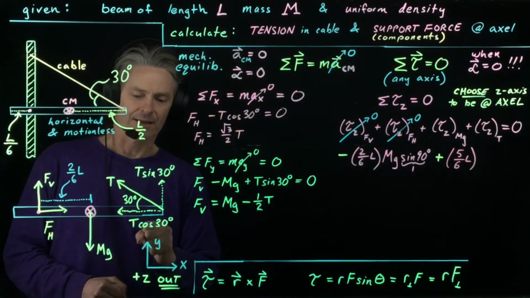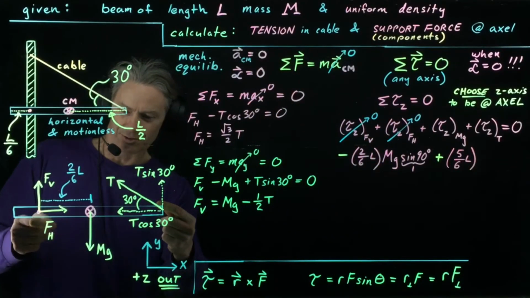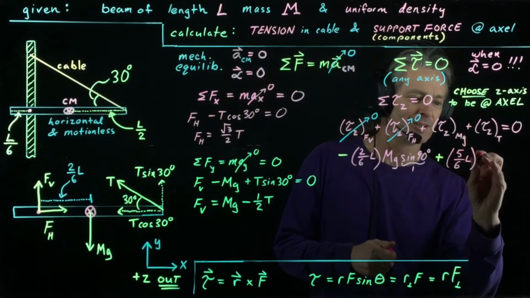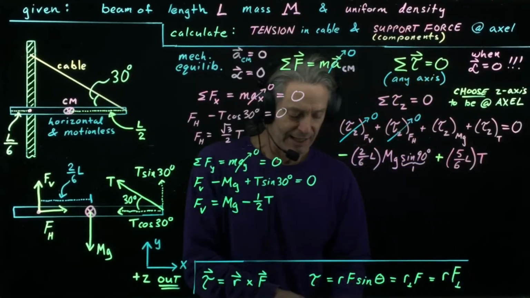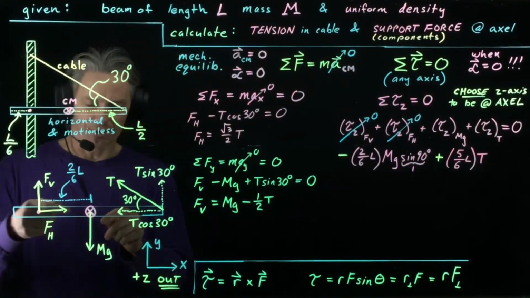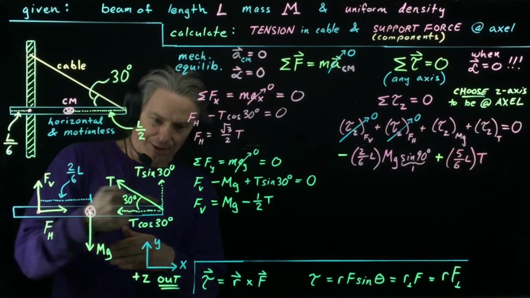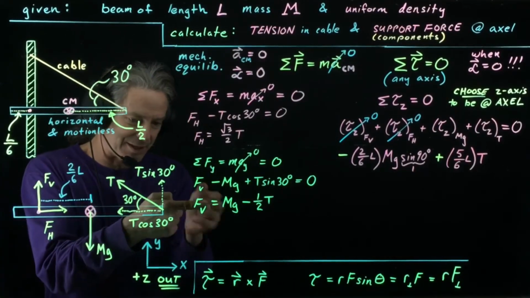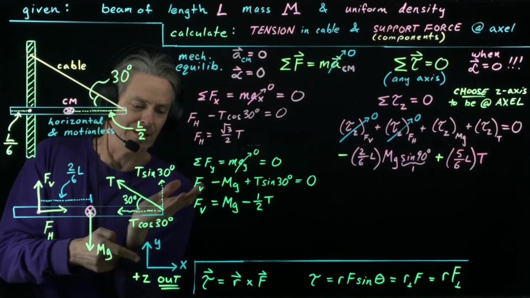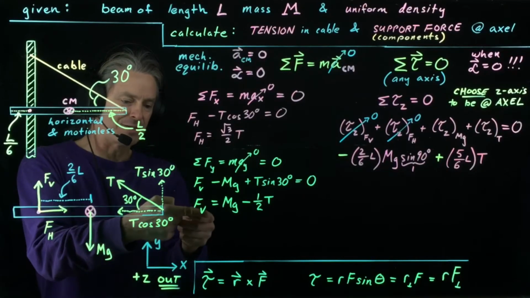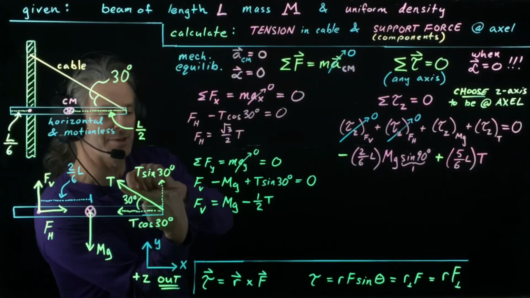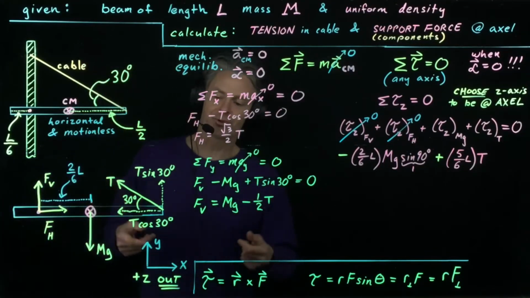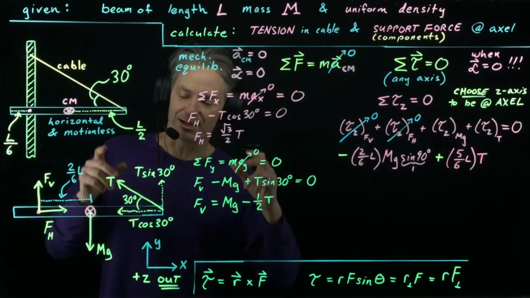And then I need the magnitude of the force that's exerting that torque. That's T, the tension. And then I need the sine of the angle between the r vector and the tension vector. So I need the angle between this direction and that direction. Well, a whole line is 180 degrees, so this will be 150 degrees. Now, any two angles that add up to 180 degrees will have the same sine.